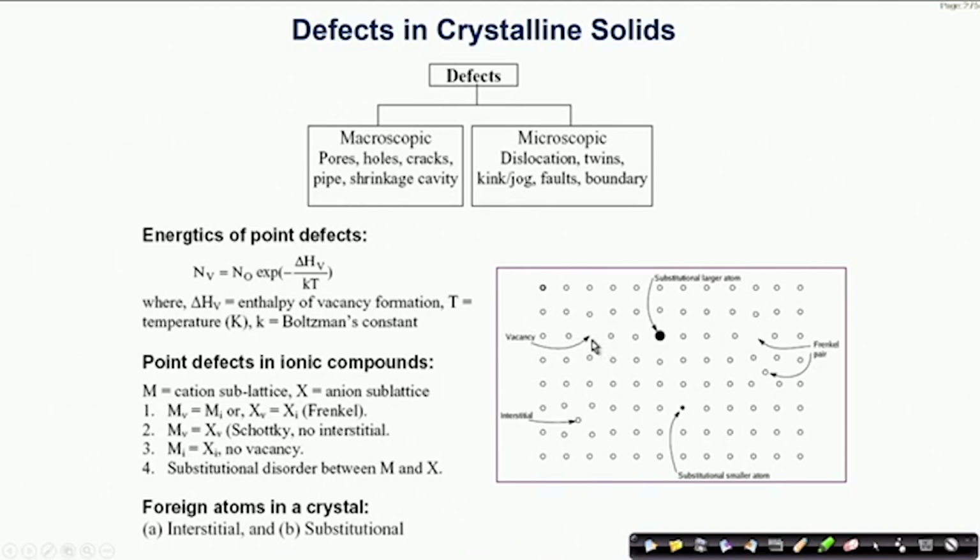If some of these atoms are small enough, or a foreign atom is much smaller than the lattice atom, then it can find its way into the lattice, not occupying a usual site, but going into an unusual, or not very regular, position, and we call them interstitial positions.